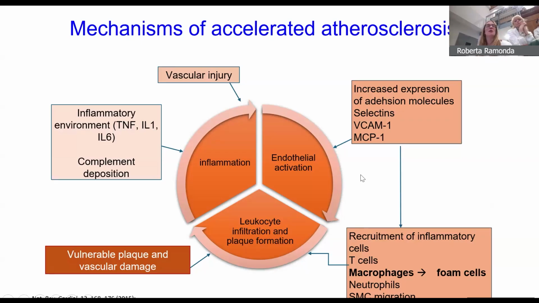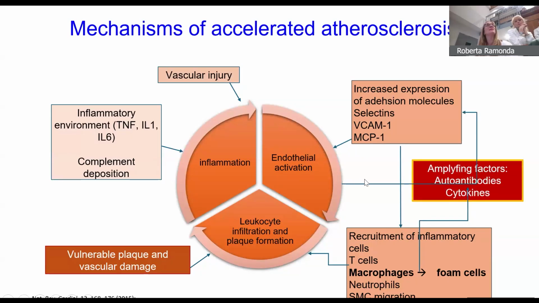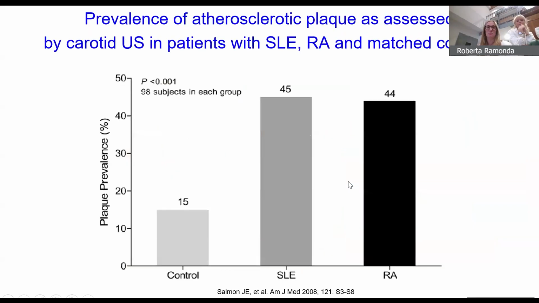We have the muscle cells migration, and we have that autoantibodies and cytokines accelerate the process of unstable atherosclerotic plaque formation that, as you well know, is the typical substrate of the myocardial infarction.